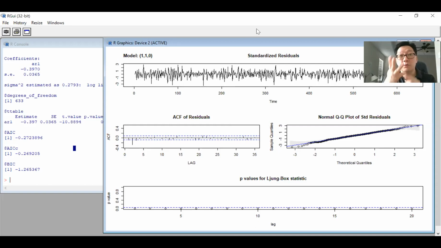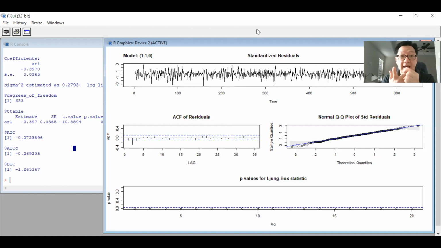The second step is the ACF and PACF to choose the model, how many p or how many q.